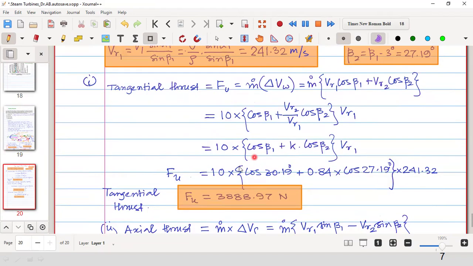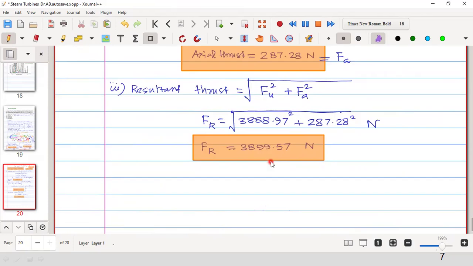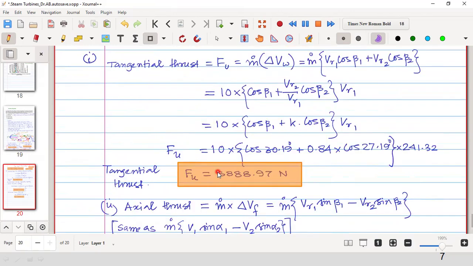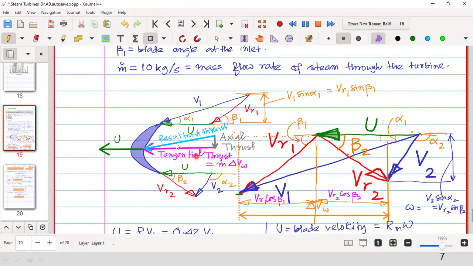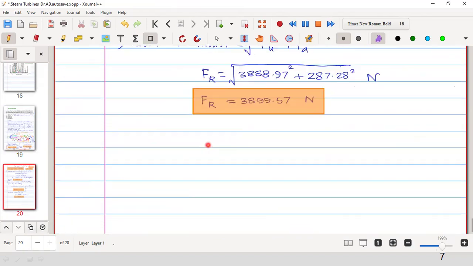So this is the resultant thrust magnitude, and if you want to determine the angle, accordingly it will be tan inverse of this and this. The angle is always with the tangential direction.